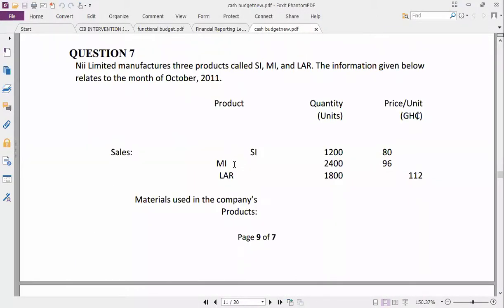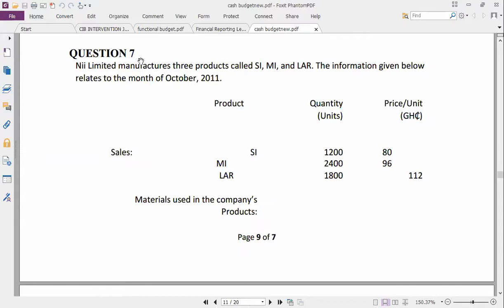Yes, it's question 7. This is an ICAG 2014 November past question. So similar to that, SI, MI, and LA.